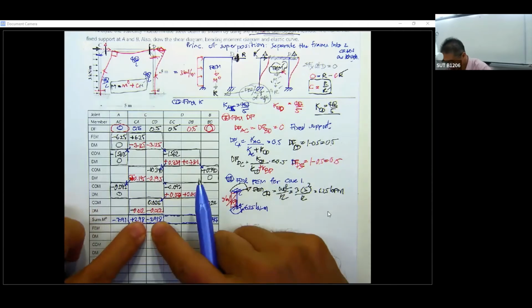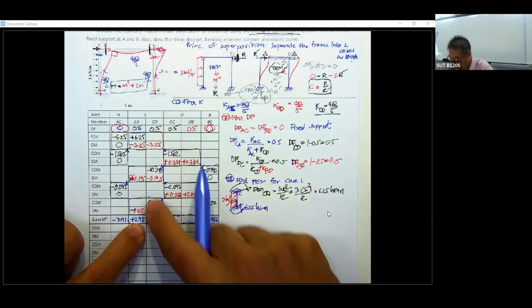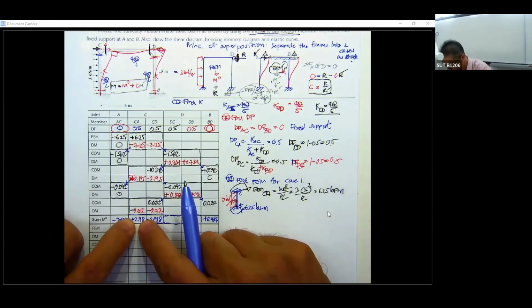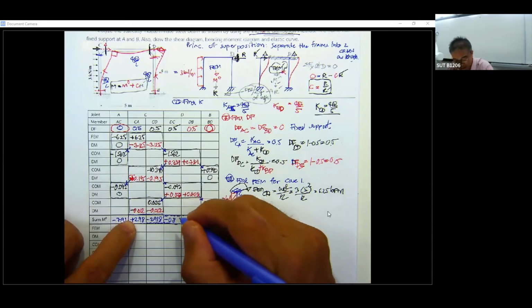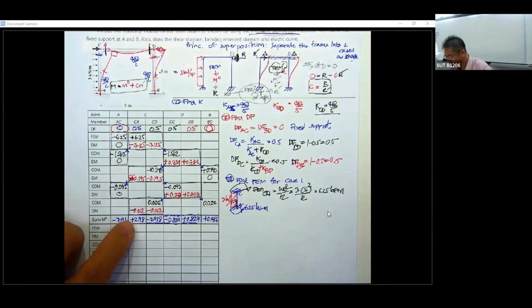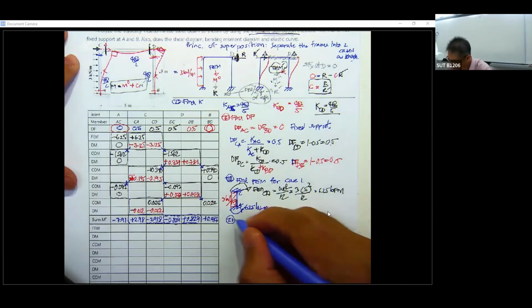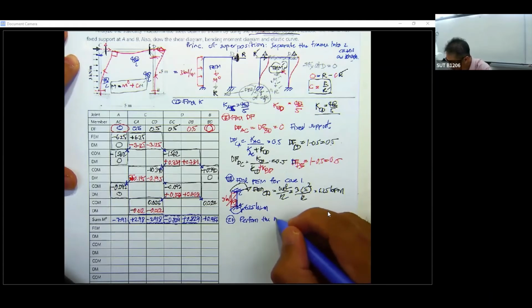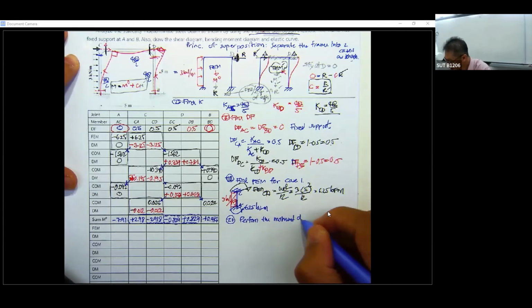But if you are really careful, you just sum and check across each other whether they are equal or not. The magnitudes must be equal, but the sign must be different. This one will be minus 8.29, so this is positive 8.29. So this is going to be our first, okay, performing the moment distribution for case 1.